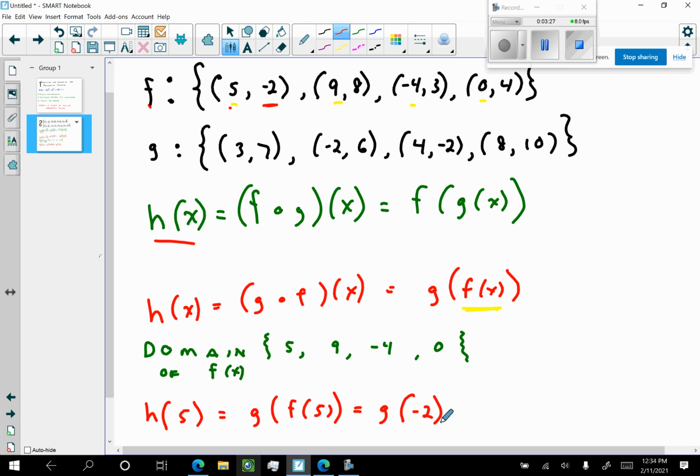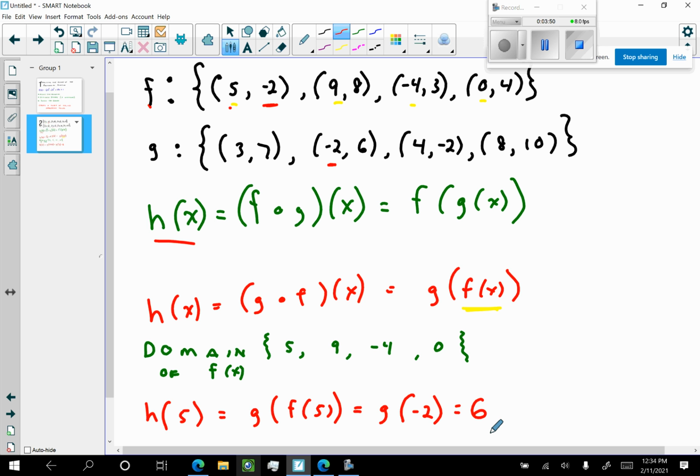And now I'm looking at, does g have an input of -2? So I'm going to go to the function g, and I say, oh, it does have an input of -2. And what is the output for g's input of -2?